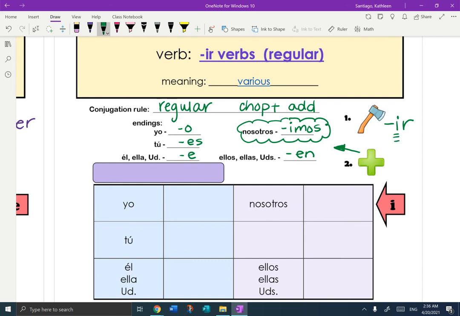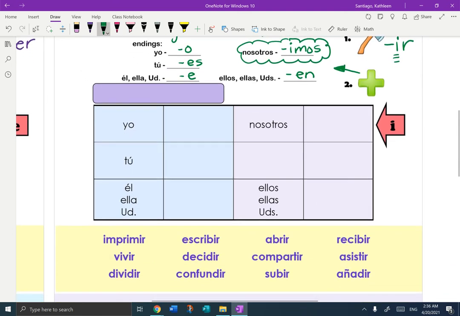Okay, muy bien. Let's look underneath the chart and let's grab one of those verbs to put on the chart. We've got imprimir, vivir, dividir, escribir, decidir, confundir, abrir, compartir, subir, recibir, asistir, and añadir.